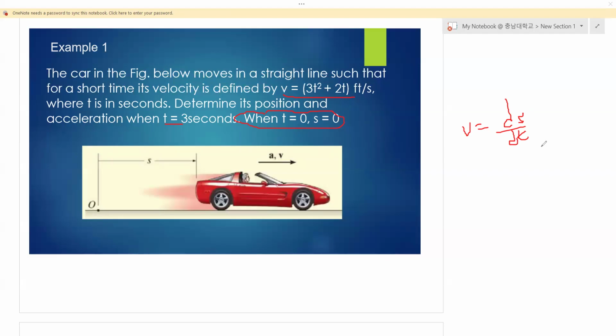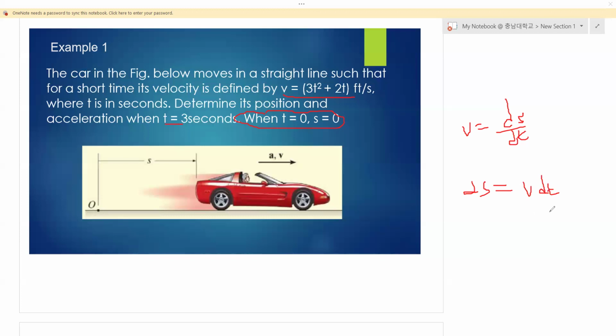If we make ds the subject, then ds is equal to v dt. That means we integrate both sides, so we shall have the integral of ds is the same as the integral of v dt.